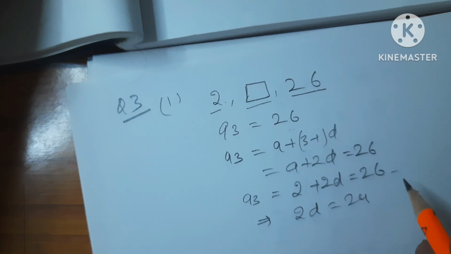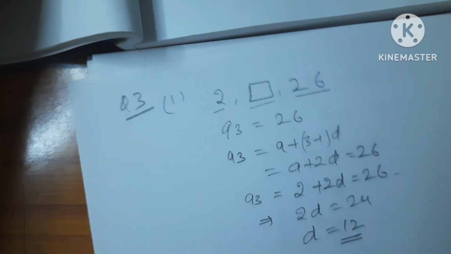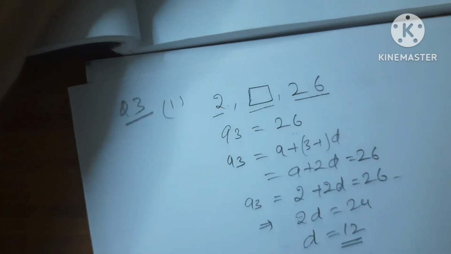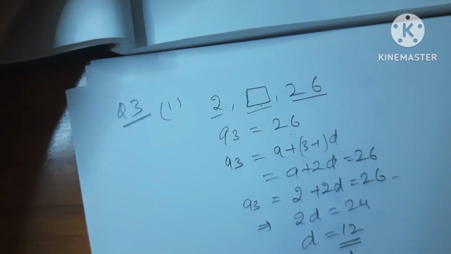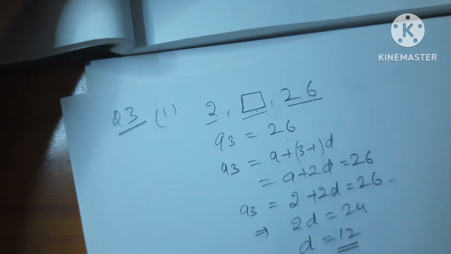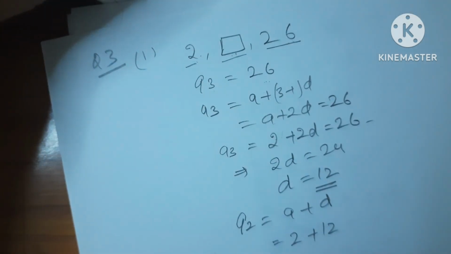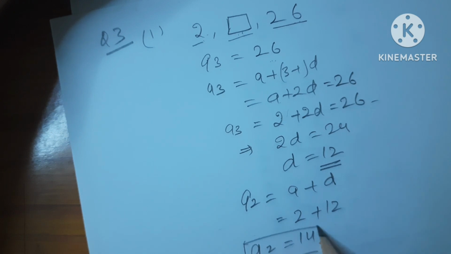This will subtract from this side. D is equal to 12. We have found d is equal to 12. This is second term. How is second term written? A2 is equal to a plus d. A we are given 2 and d we are given 12. So a2 is equal to 14 is the answer.